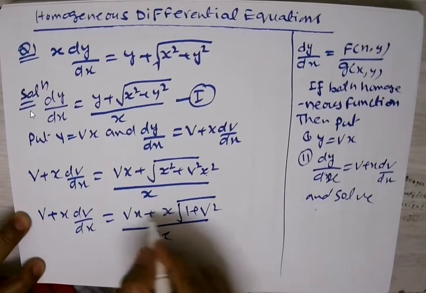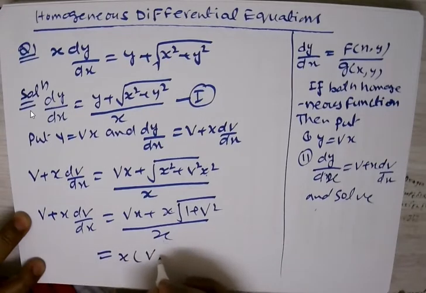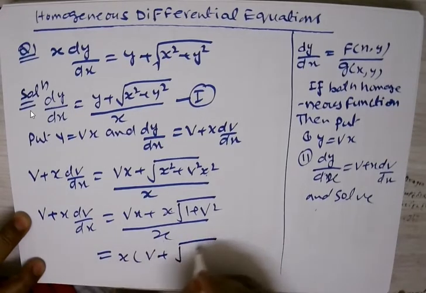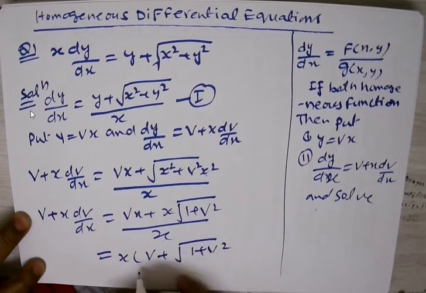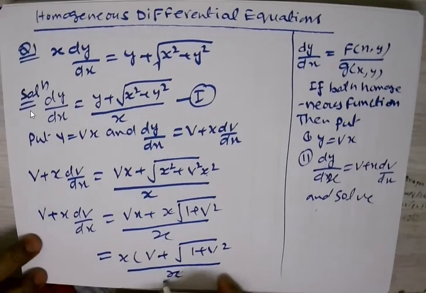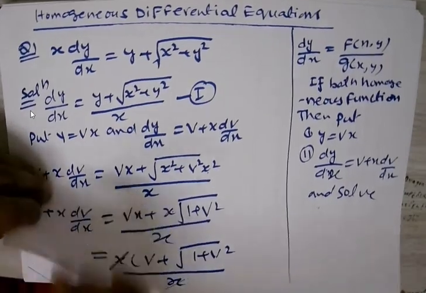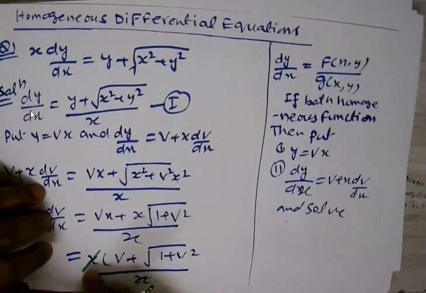So keep x outside here, so it now comes v plus square root of 1 plus v square, divided by x, and now cancel this x.